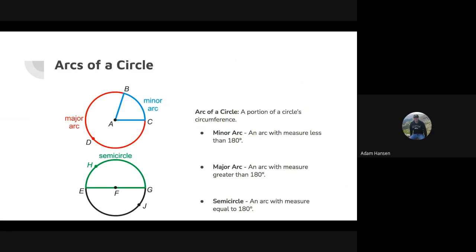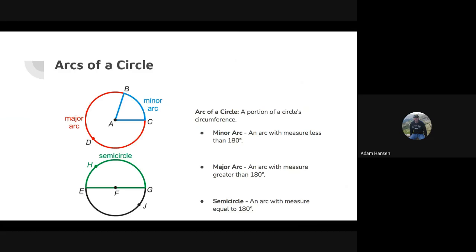Arc BC is a piece of the curve starting at B, ending at C. One endpoint is B, the other is C. When I label an arc, I use the two endpoints and a little curve on top. It's the part of the circle whose endpoints are B and C, from B to C, that piece of the curve itself.